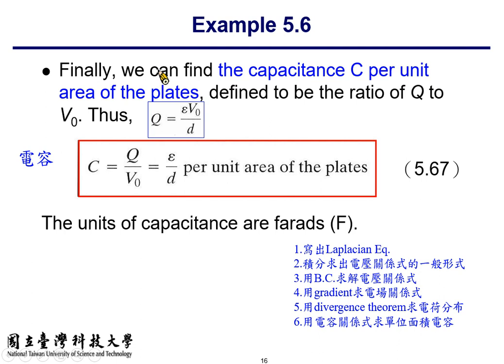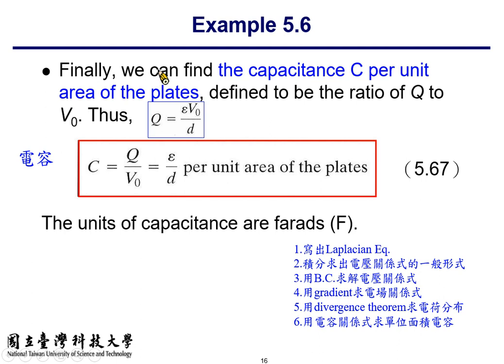So what is the significance of this? The per unit area capacitance is proportional to what? Epsilon, the permittivity, and is inversely proportional to the separation distance d. So if you want to create a larger capacitor without increasing its size, what do you do?